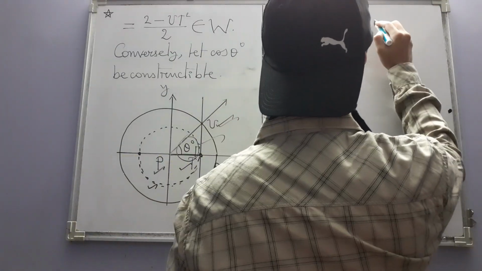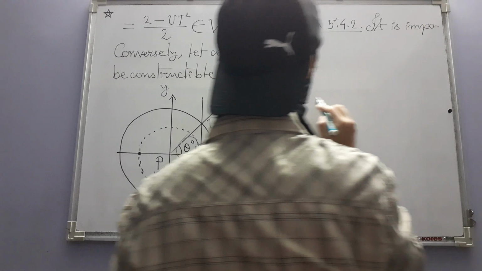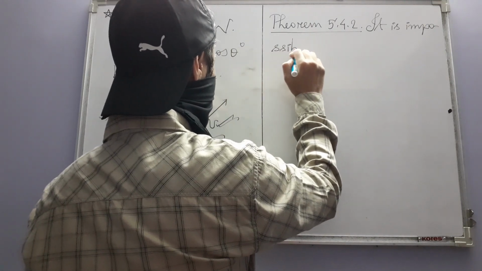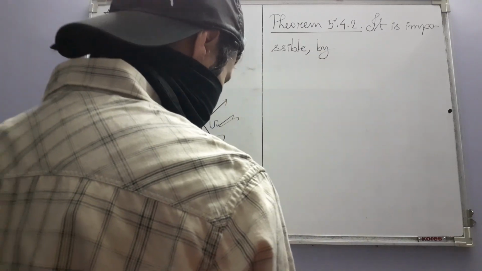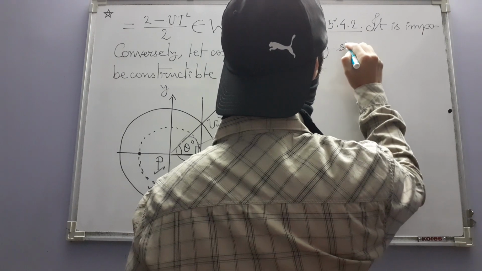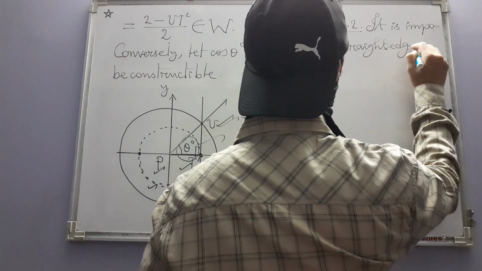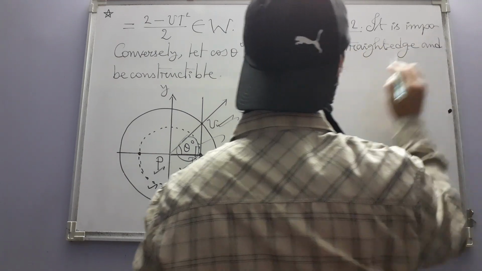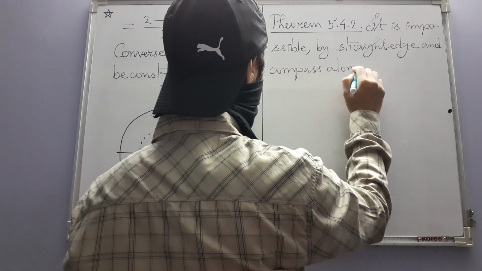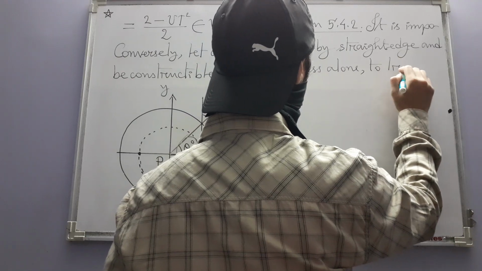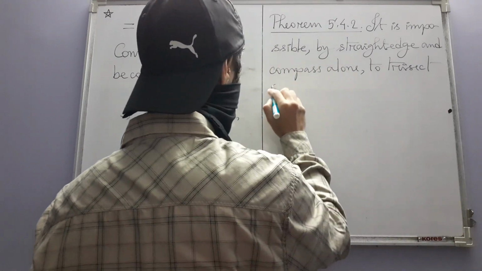It is impossible by straightedge and compass alone to trisect 60 degree.